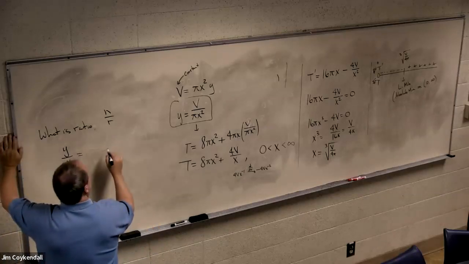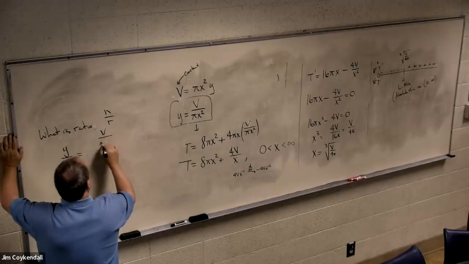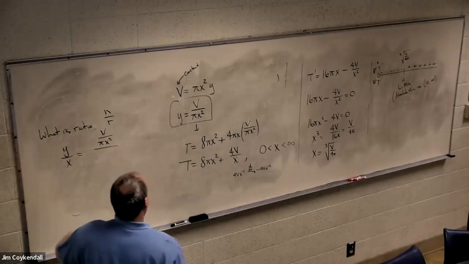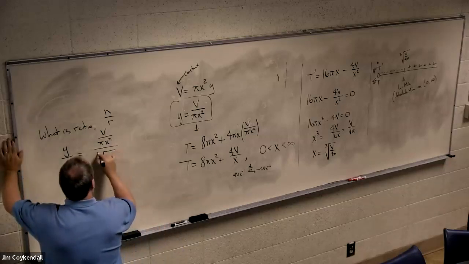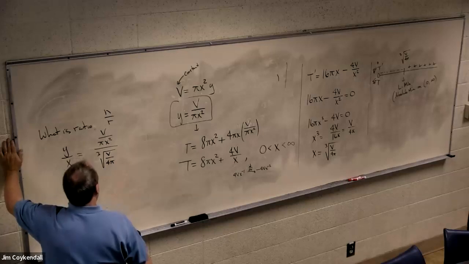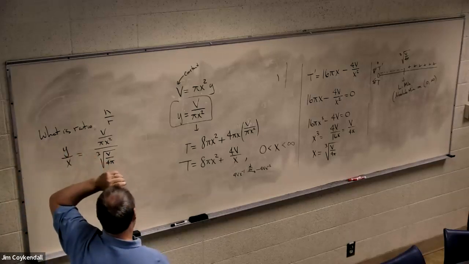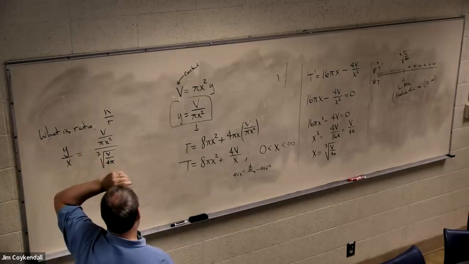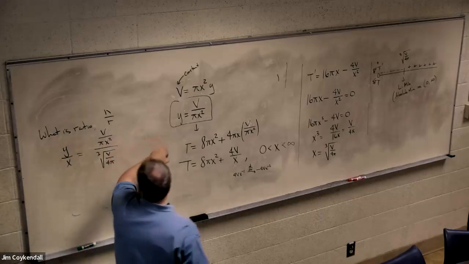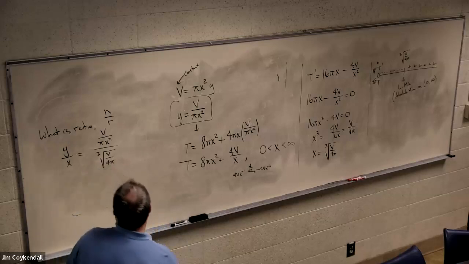The Y is B over pi X squared. And X was cube root of B over 4 pi. And let's see. Yeah, that's my Y here. And this is my X.